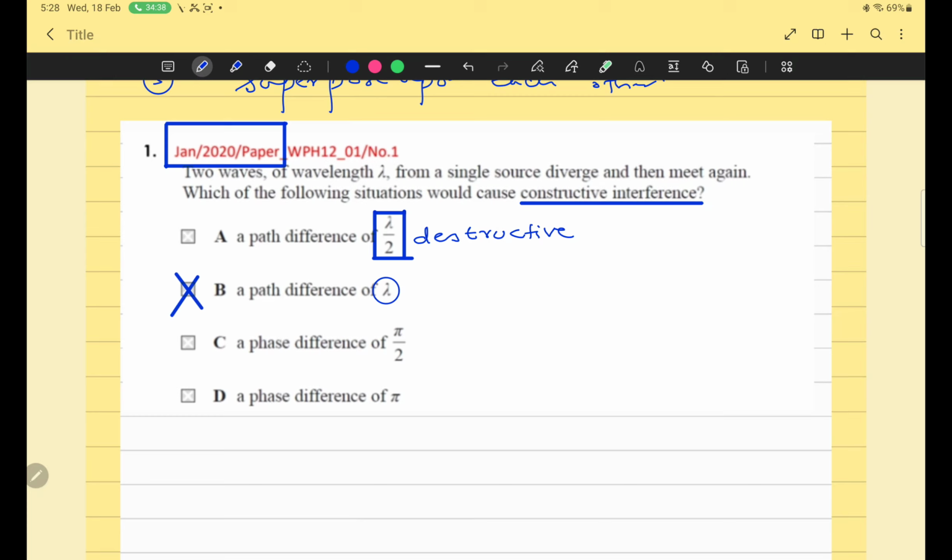I taught you that an even multiple of pi is constructive and an odd multiple is destructive. So the only right choice is that the path difference of the two waves must be lambda. And now the class time is ending.